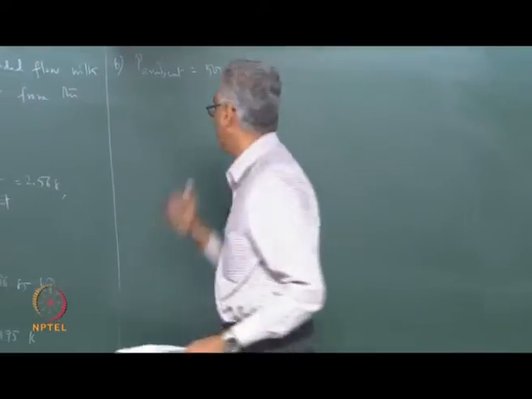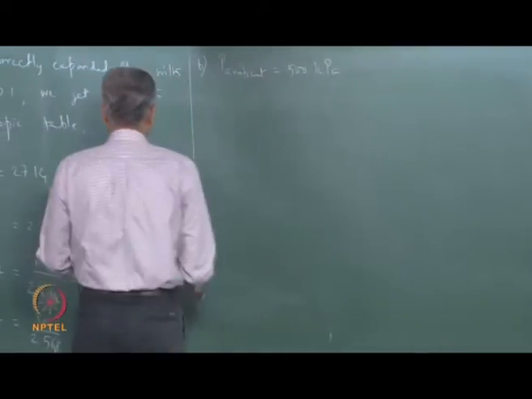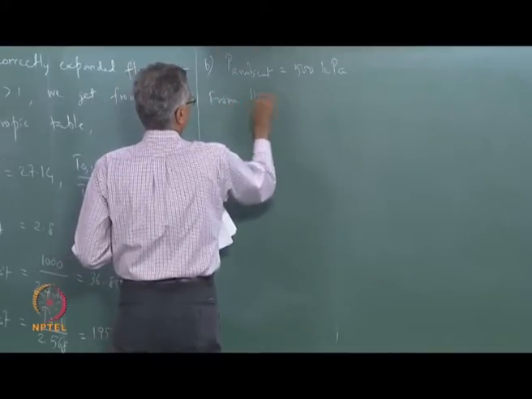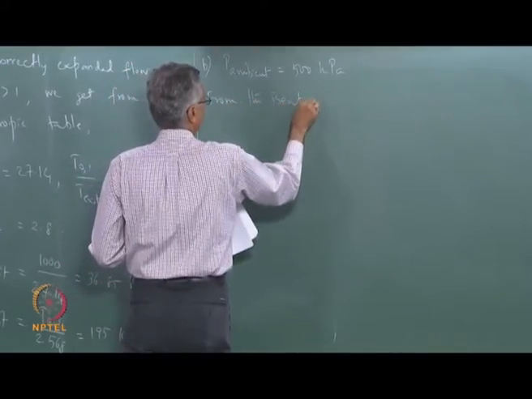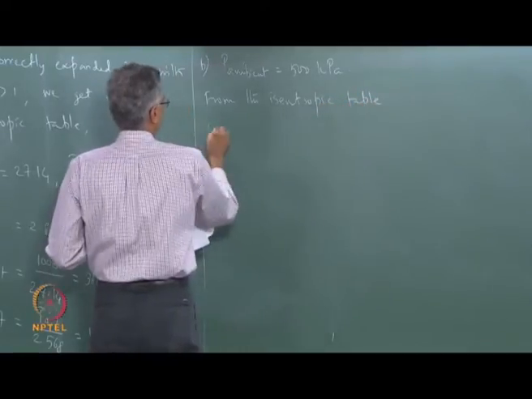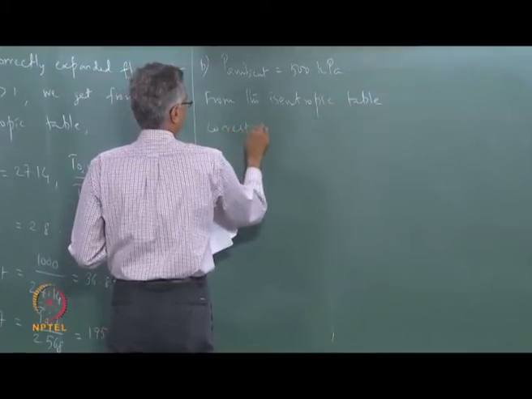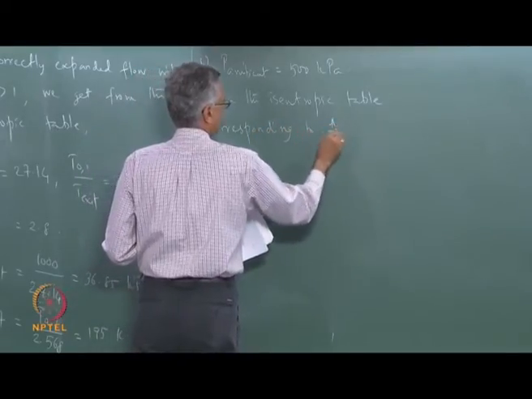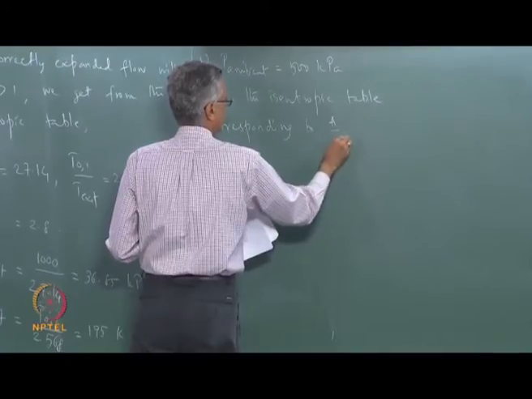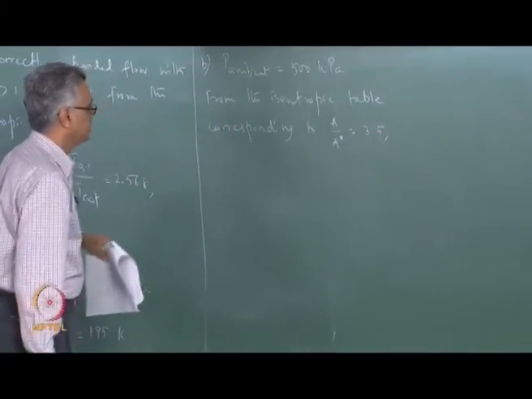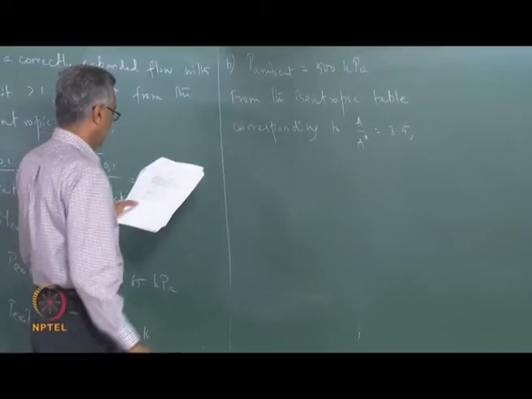Okay. When it falls in between two values, so you can see that from the isentropic table, corresponding to A divided by A star equal to 3.5, we see that the exit pressure lies in between two entries.